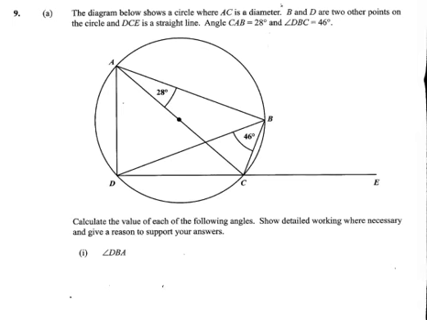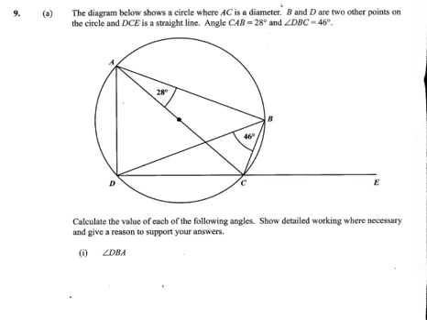Angle CAB is 28 degrees, and angle DBC is 46 degrees. We're to calculate the value of each of the following angles, and we're to show detailed workings where necessary, and give a reason to support your answer.